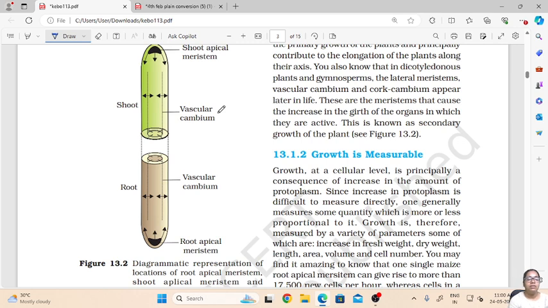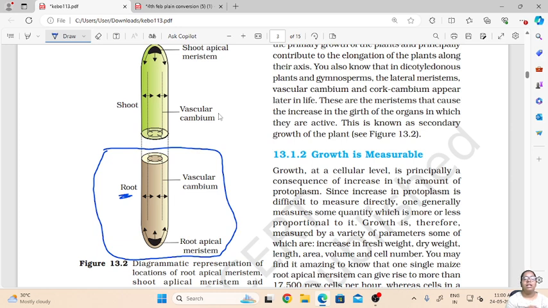This part of the diagram represents the root system. So how do the meristematic tissues form the root system in roots? At the tip of the root there is the root apical meristem.